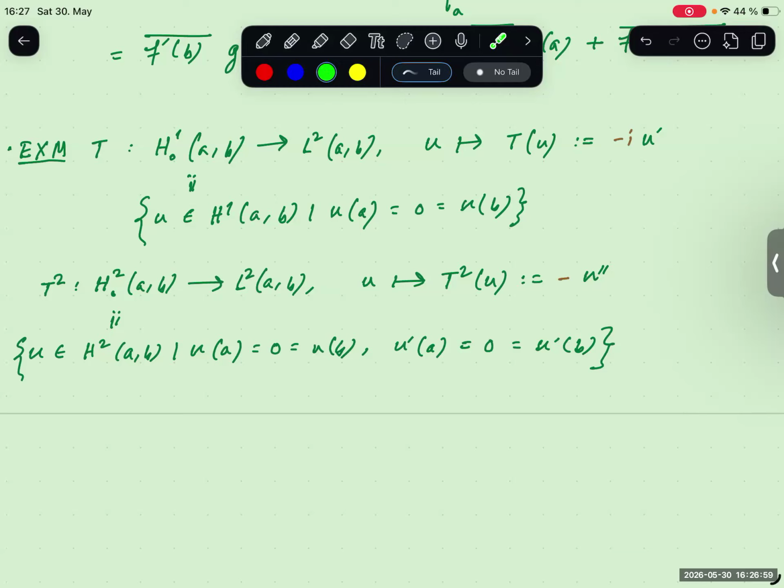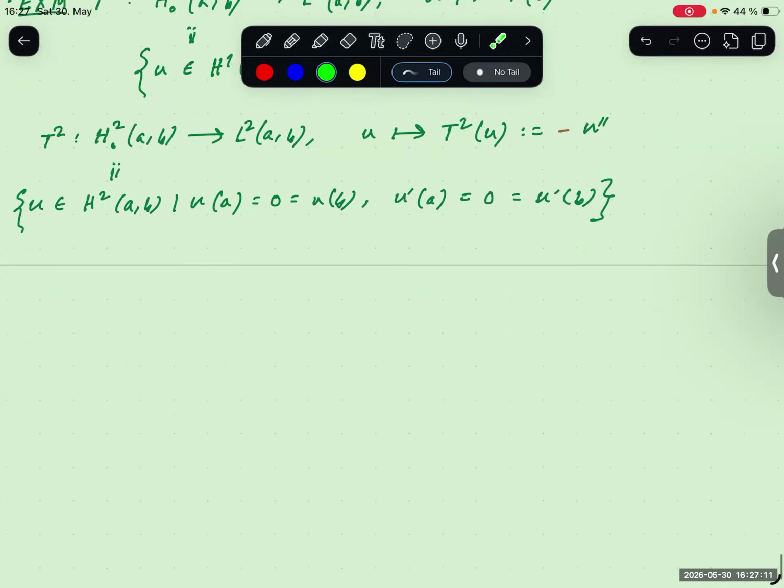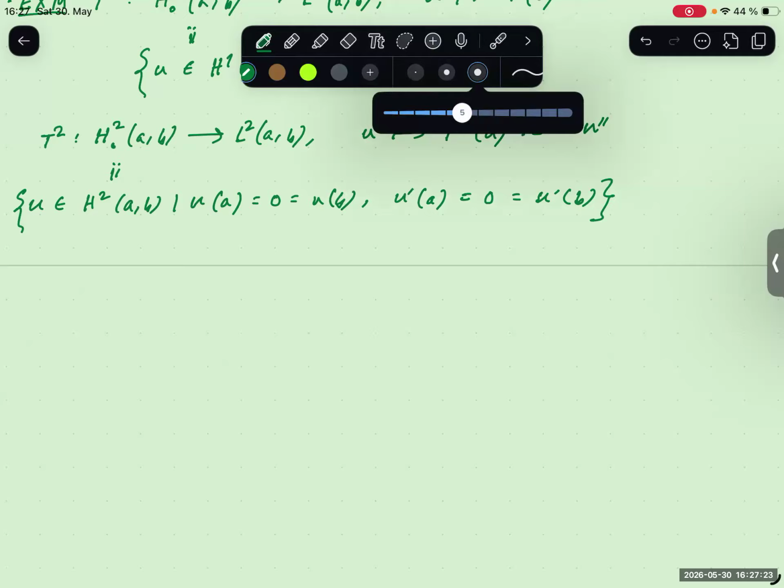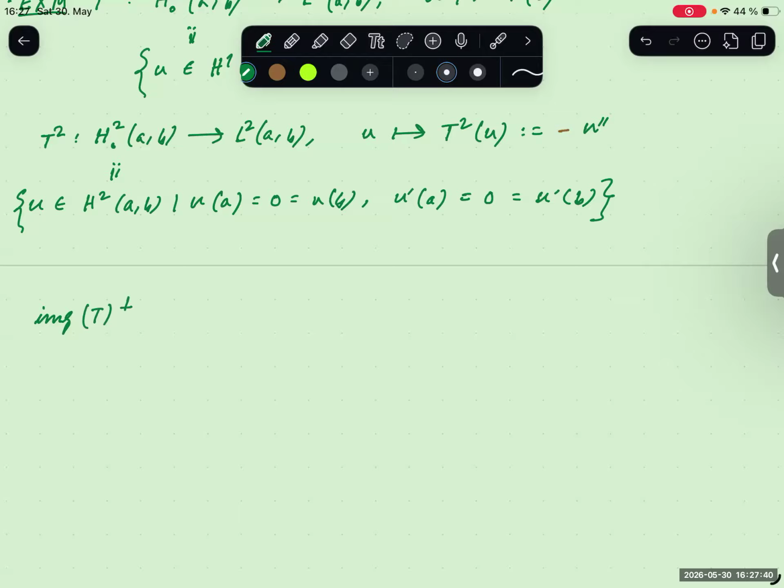To proceed, let us derive some small steps that we will be needing later. So the first property I want to write is that the image of this operator, and then I take its perpendicular.